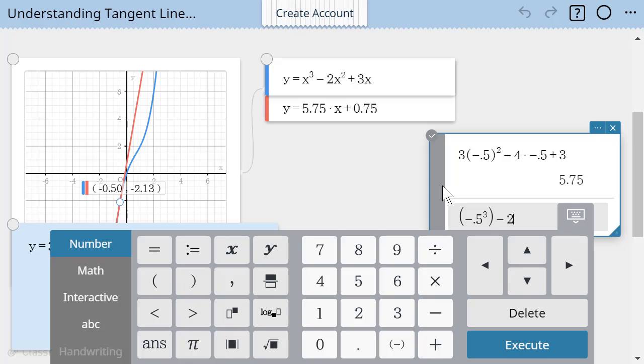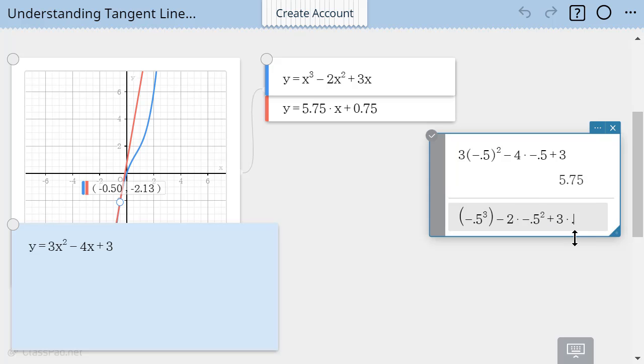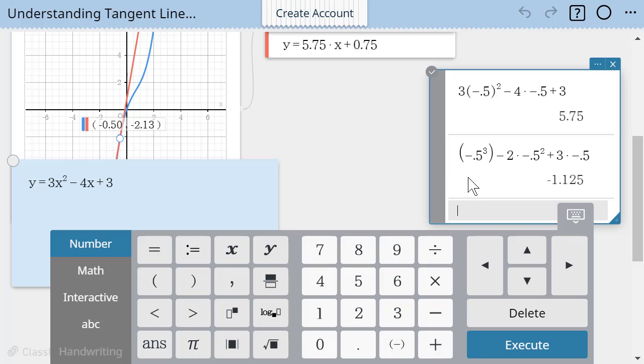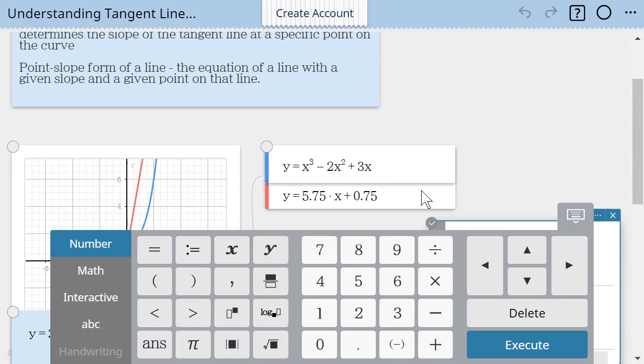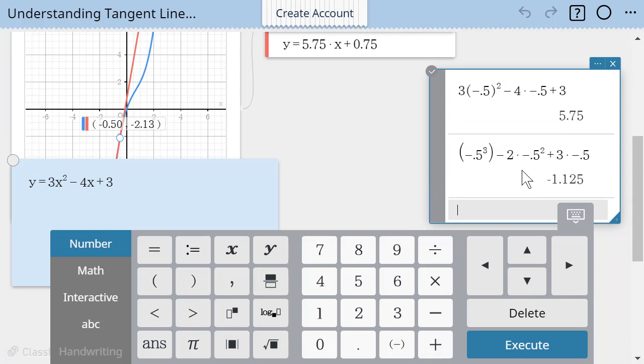So 2 times negative 0.5 squared plus 3 times negative 0.5, right? Oh, I forgot the negative. Oh, I must have done something wrong here. Negative 0.5 cubed minus 2 plus.